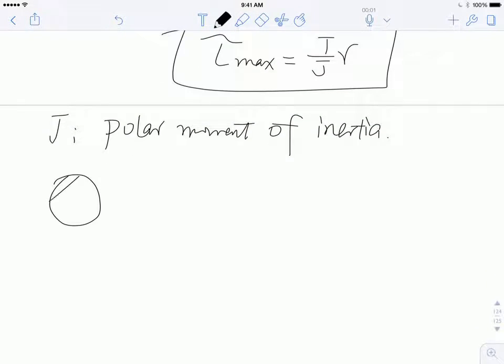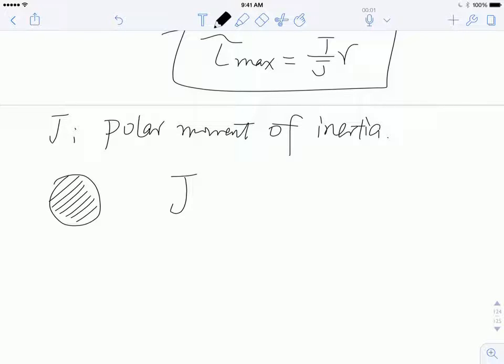One, the cylinder. By the way, in the future, if I give you any arbitrary shape, rectangular or the like, I will give you this J. You do not have to remember how to calculate this J. It's a geometric constant. You can find that in the back of the book. If not, ask me. I'll give it to you. So J is all the way.